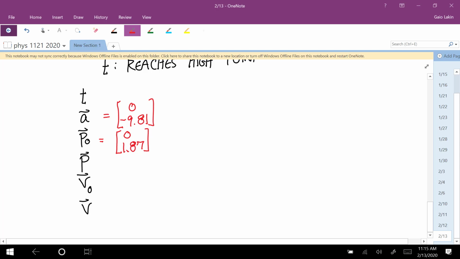We don't know anything about the position vector at time t, but we are trying to find both of these. So this is what we're looking for, both components of that vector. Because once we have the components of that vector, we can do the subtraction to find the displacement.